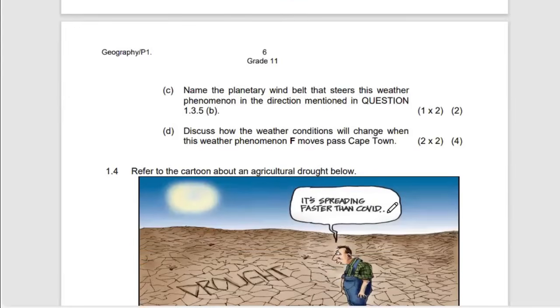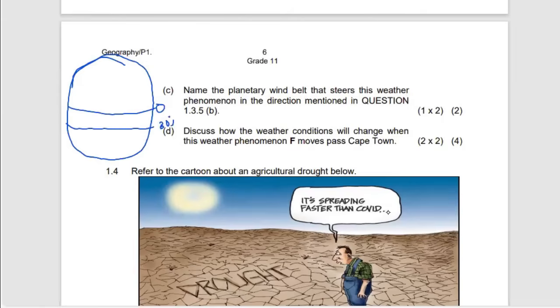Right, let me just briefly take you back to the global air circulation model and also refer you to the planetary winds. If we have this as our globe, though it's not very spherical, we have the equator at 0. We have our subtropical at 30 to the south, and we have our subpolar at 60 degrees.